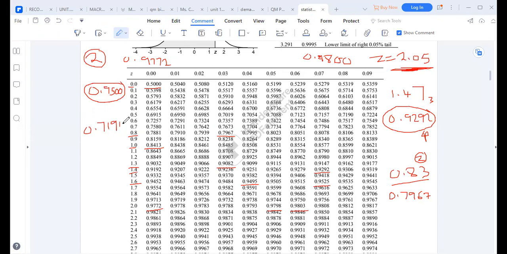Go inside the table. Which one is close or exact to this one here? 0.7190. You find it is here exactly, right? So what is the reading there?